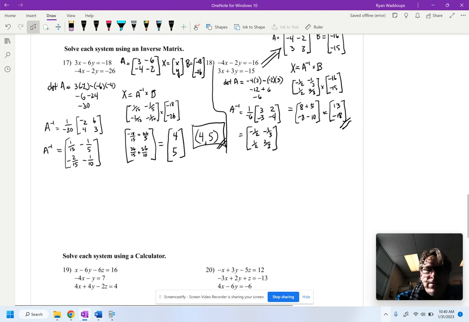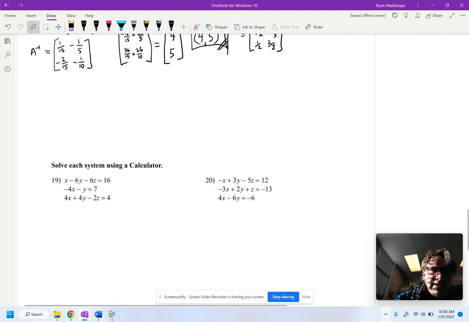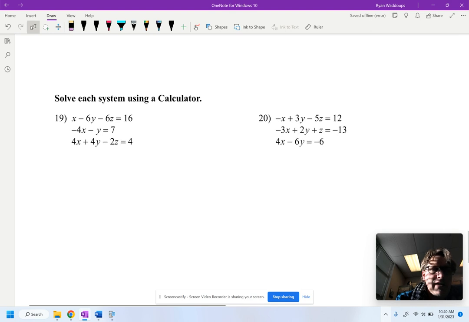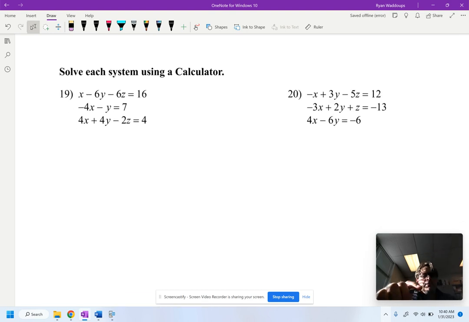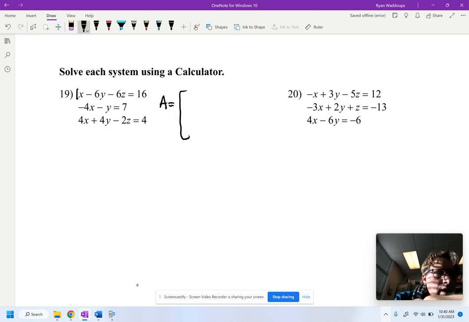All right, finally here we're going to solve this system by using a calculator. We have to be careful when we're translating out our coefficient matrix. A in this case is 1, negative 6, negative 6, 1, negative 6, negative 6.